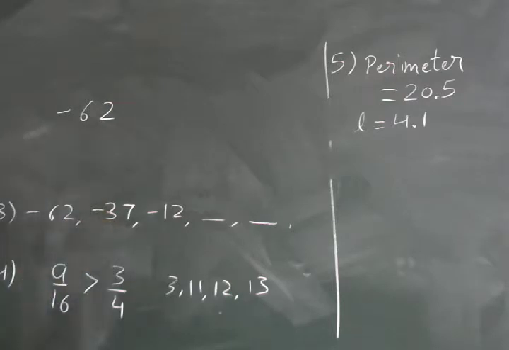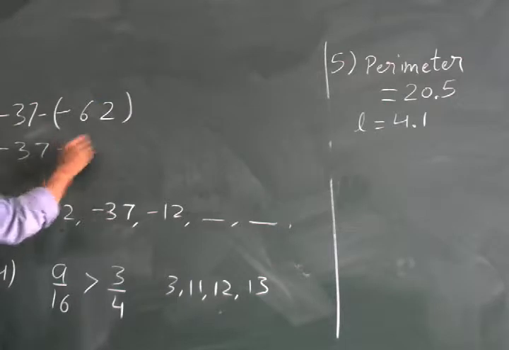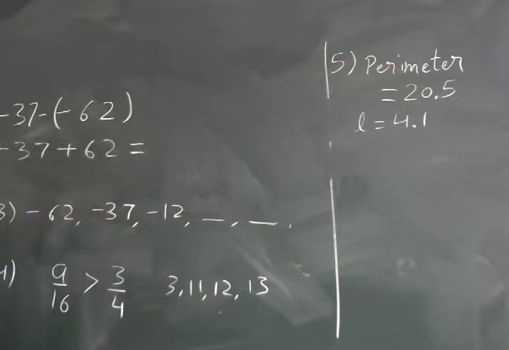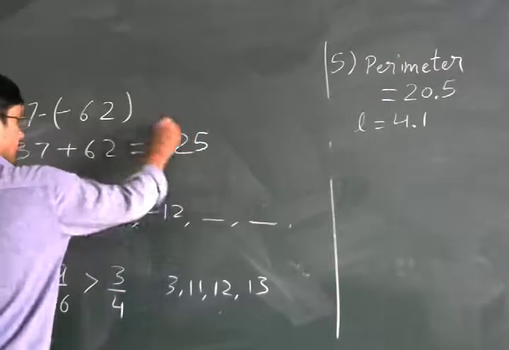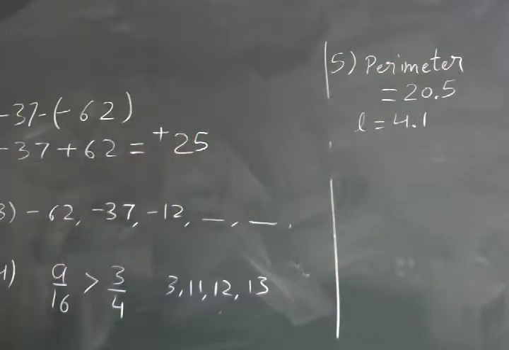So I got minus 62 plus 37 equals minus 25. Minus 25. The difference is 25. Yes. Sir, how, minus 62 and minus 37?